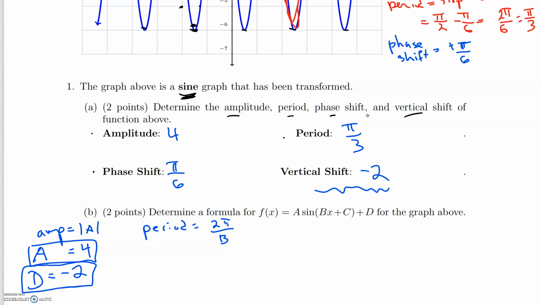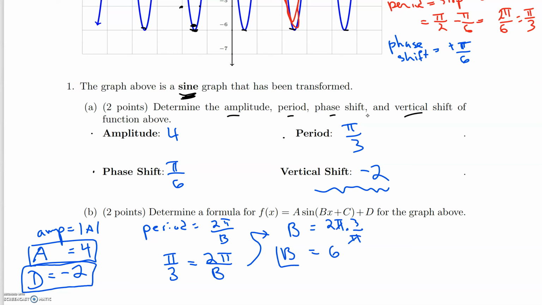But anyways, my period is pi over 3. And I'm going to solve now for B. I'm going to multiply by B and then multiply both sides by 3 over pi. That would give us 2 pi times 3 over pi. And the pi's cancel, and that's 6. So B equals 6.